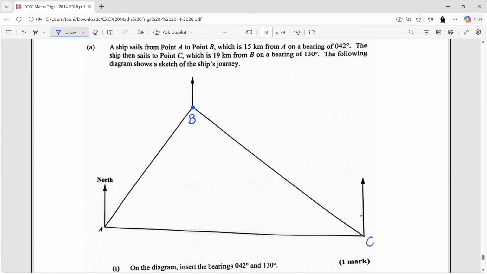So it says that the ship sails from point A to point B, which is 15 km from A. So that means the distance AB, this distance here, is 15 kilometers.